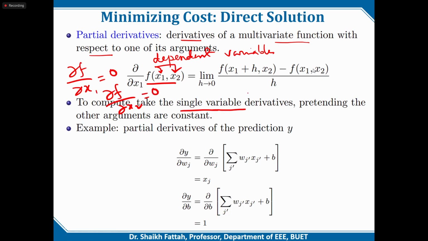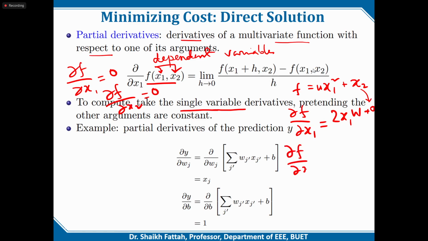If you have a function of x like x1 square plus x2, and you do del f by del x1, the answer will be 2x1 plus 0, because it's not w2. Similarly, you can do del f by del x2. This one will be 0 and that is 1.